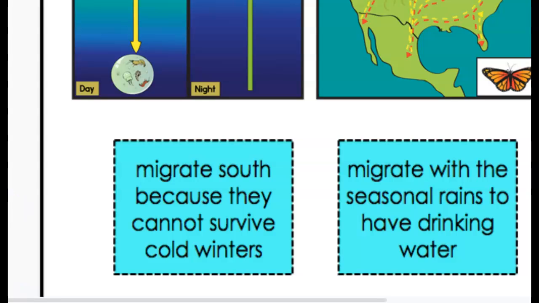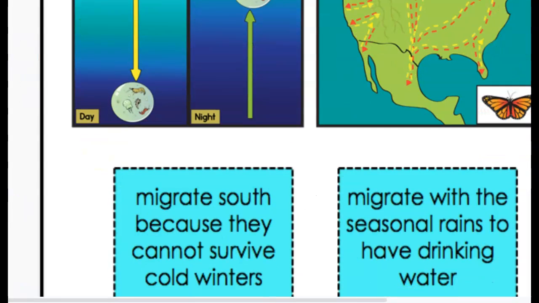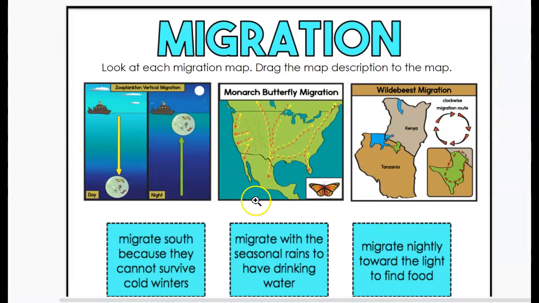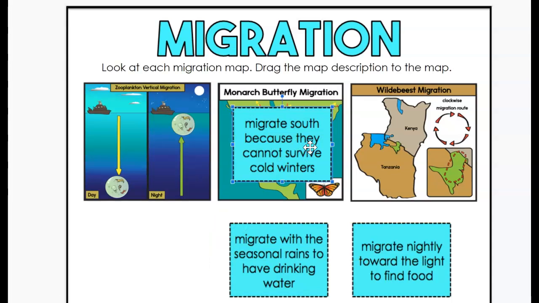Now let me zoom out and we can draw lines to match. These animals migrate south because they cannot survive cold winters. Those are monarch butterflies that travel south.